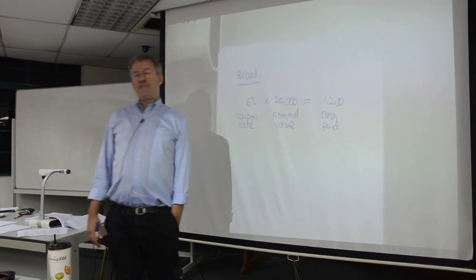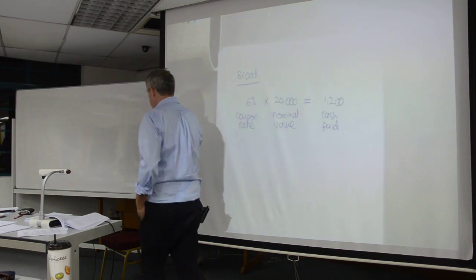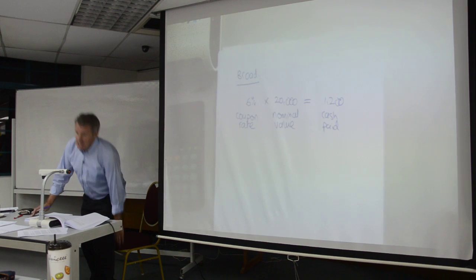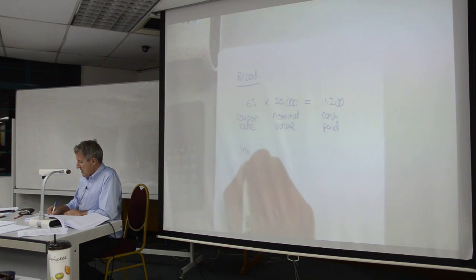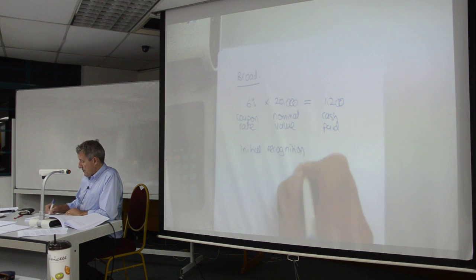Now, if I have a liability, what I want to do with the liability is have initial recognition at fair value. The initial recognition is at the fair value less the issue costs, or to put it another way, at the net proceeds of issue.